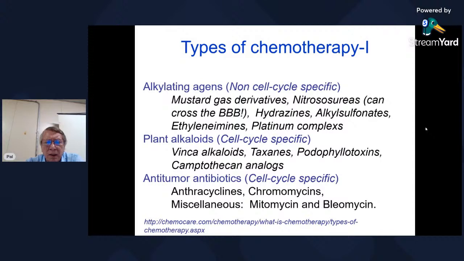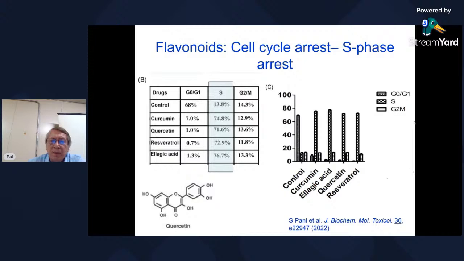The next ones are different antibiotics like anthracyclines, chromomycins, bleomycin, mitomycin, which are also cell cycle specific, and their action develops by a variety of different chemical mechanisms.